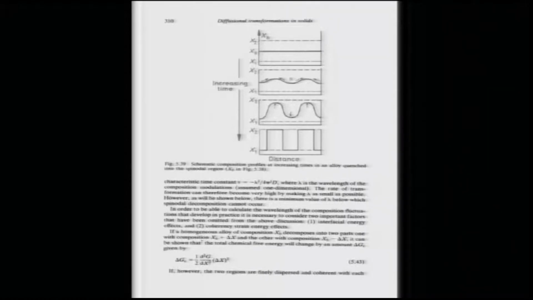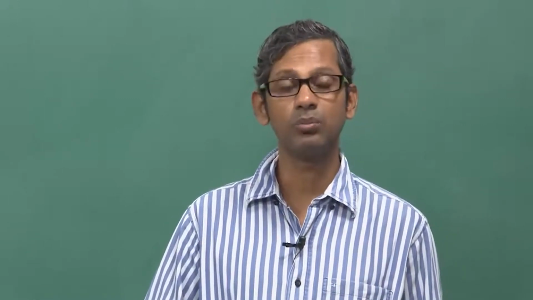And I discussed with you the free energy expressions, as you said, and you see here very clearly there is a wavelength of fluctuation. That means the composition fluctuations can be fitted with a particular sinusoidal or cosinusoidal or any other type of fluctuation, and that means there is a wavelength of fluctuations, and that is very important.